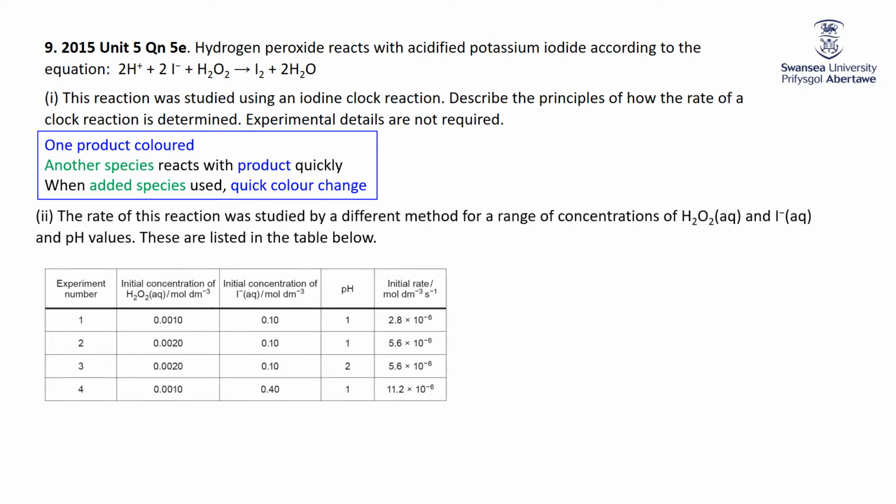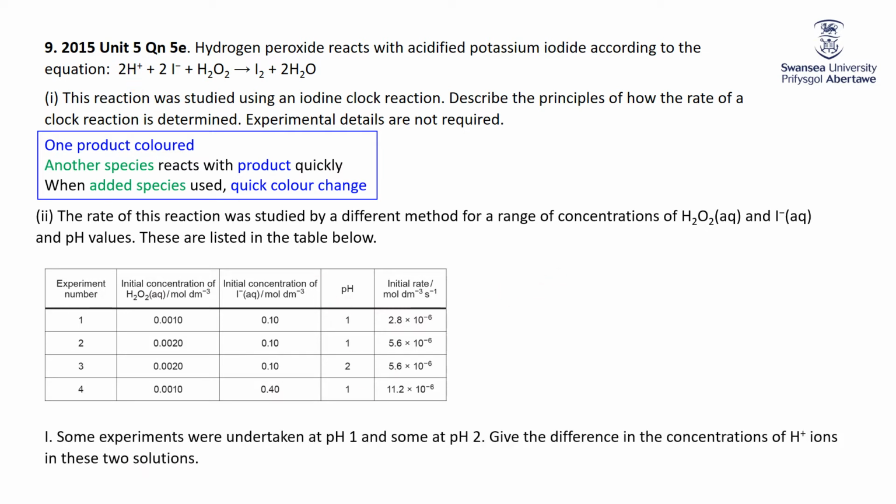Here's a nice little table for experiments, changing the H2O2 concentration, changing the I- concentration, and changing the H+ concentration by changing the pH. So it wants to know about the pH, pH 1, pH 2. Well, if the pH is 1, pH is minus the log of the H+, so minus the log of the H+ is 1.